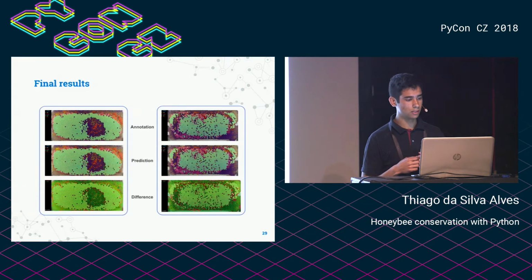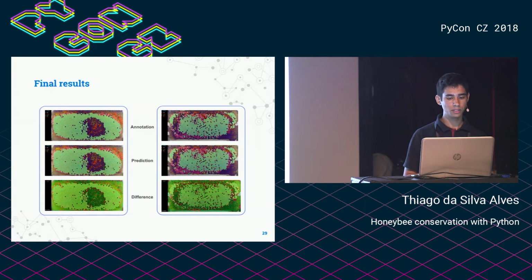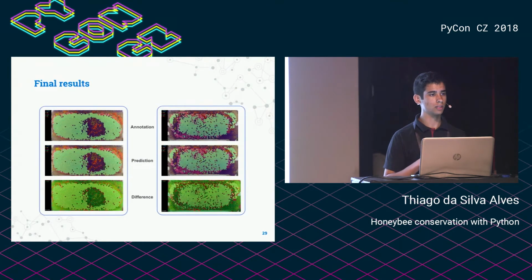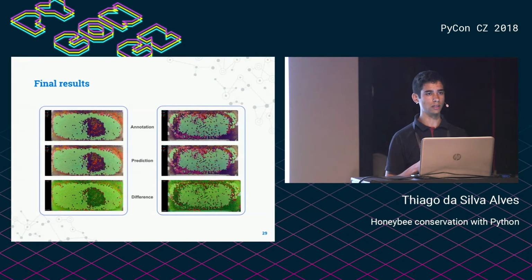Also, these are our final results, where the first image is the annotations made by a human. The second one is the prediction made by our model. And the third one is the difference between the annotation and the prediction. To achieve these results, we used a GoogLeNet neural network also, but with weights pre-trained in a previous ImageNet competition, that is a competition of image classification.